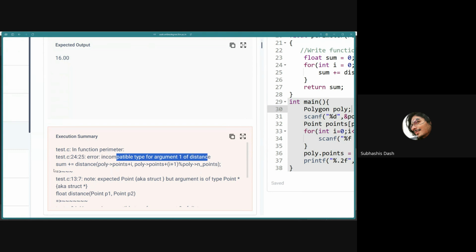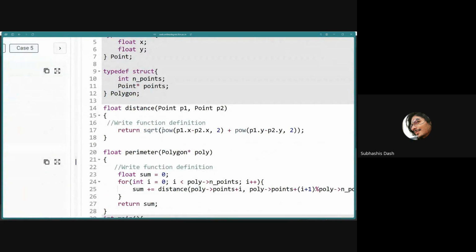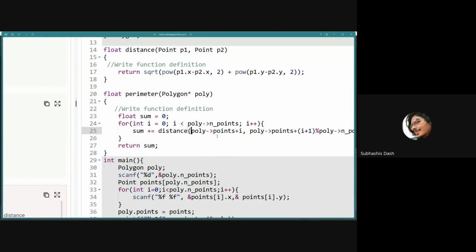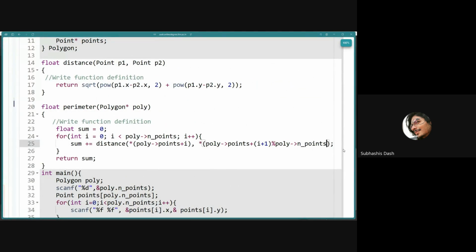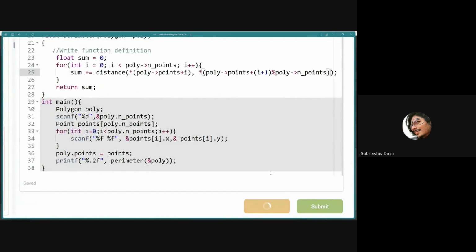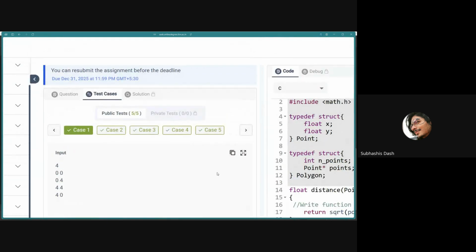Incompatible type for argument one of the distance one. So this one. So let's just try dereferencing it in the end. Yeah, now it works.